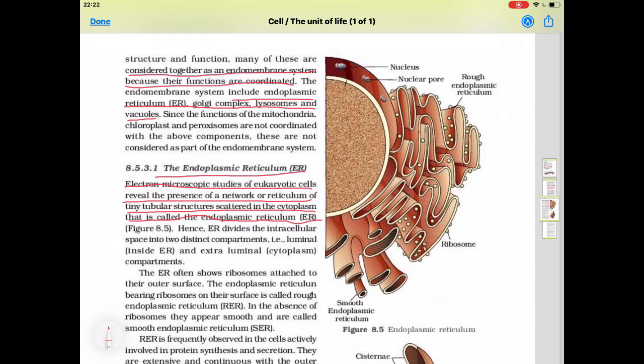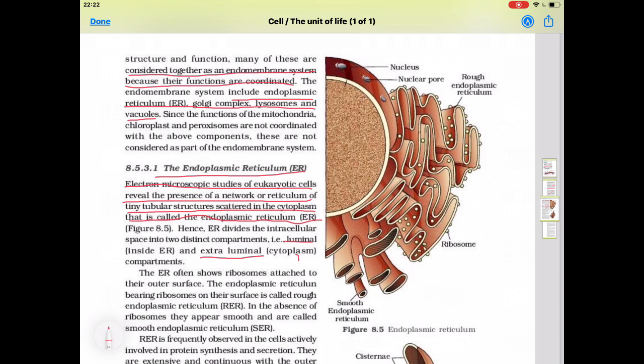Endoplasmic reticulum divides the intracellular space into two distinct compartments. Intracellular means within the cell, that is luminal and extraluminal. Luminal is what is present inside the endoplasmic reticulum, and extraluminal is what is outside the endoplasmic reticulum.